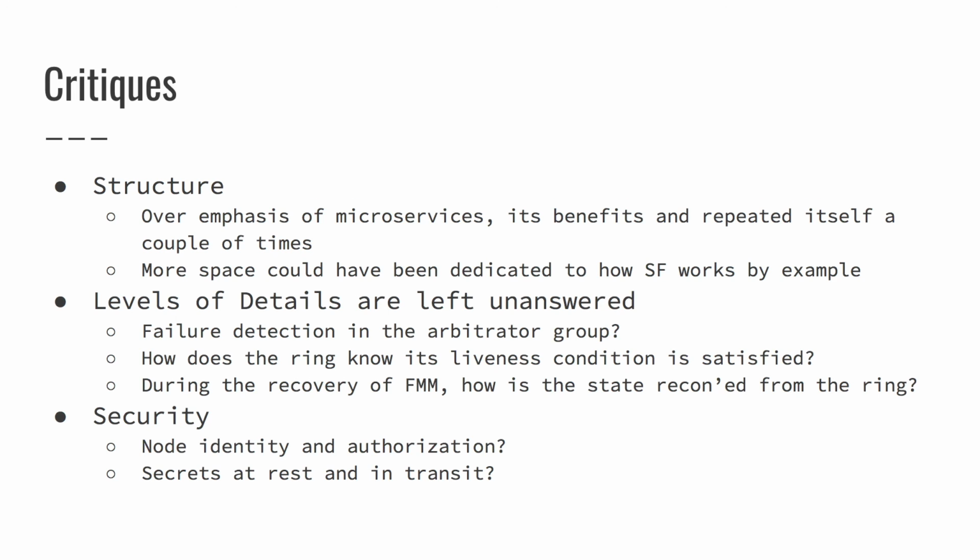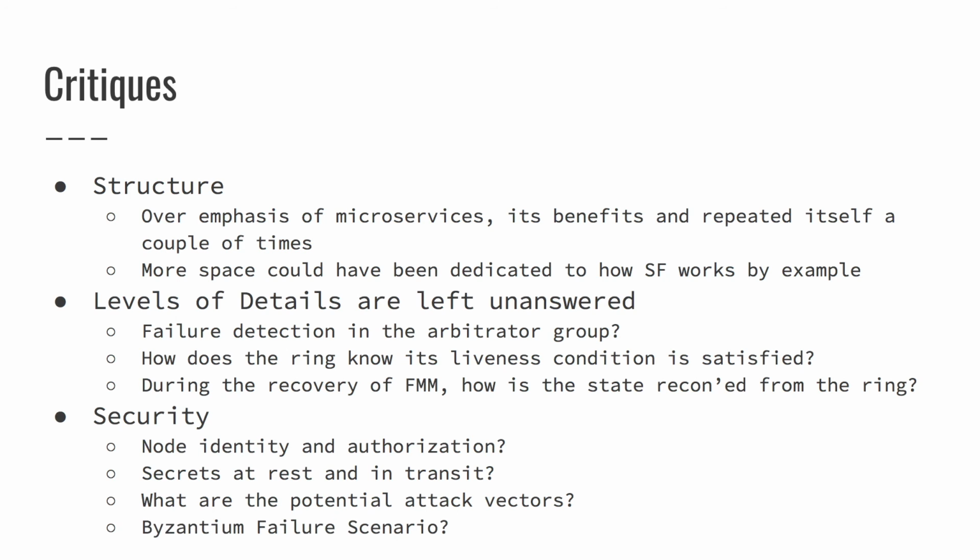How are they secured during transit? How are secrets stored at rest? What are some of the potential attack vectors? And what about Byzantine failure scenario where bad actors in the cluster can alter the messages? Questions like these are important for a platform that critical business applications are built upon.